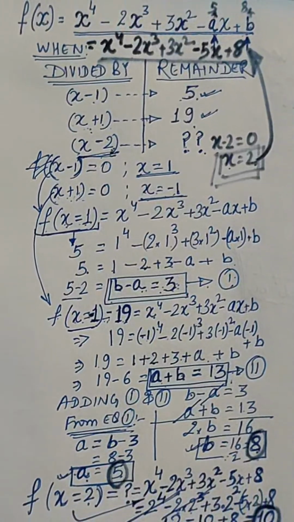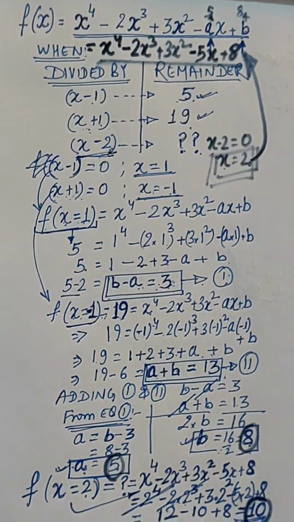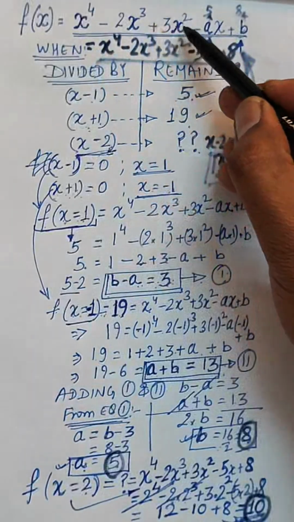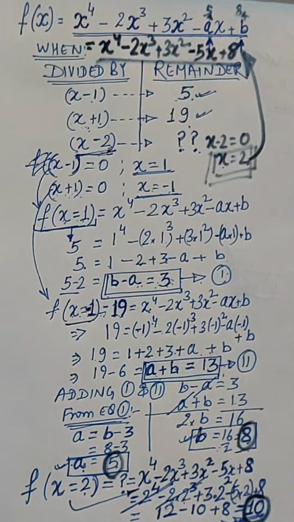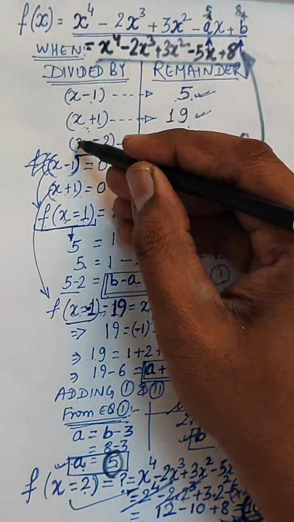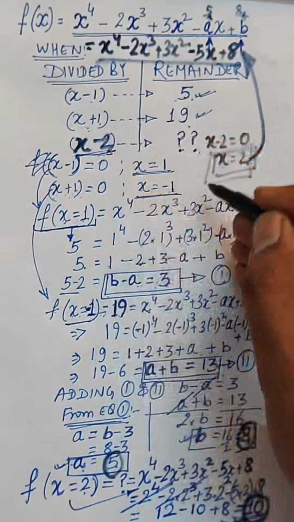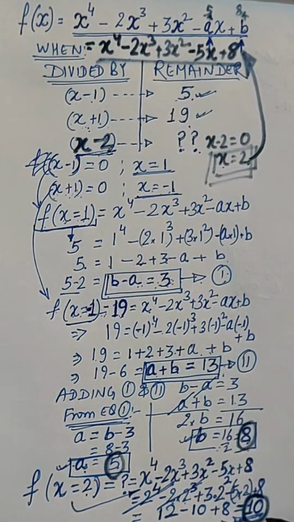Now, f of x was x power 4 minus 2x cube plus 3x square minus ax plus b. When it is divided by x minus 2, this was the question: what was the remainder? And the remainder we have calculated is 10.